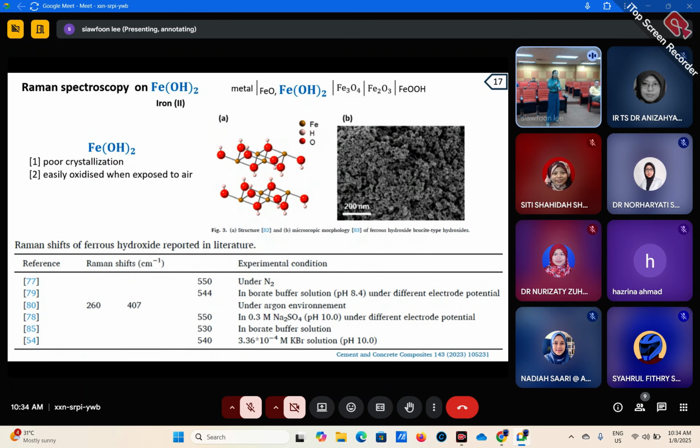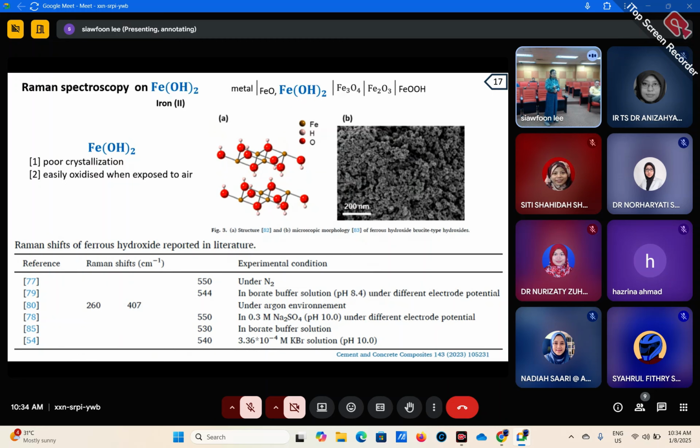And another is the ferrous hydroxide, which also has poor crystallization and also easily oxidizes when exposed to the air. But for this one, they have several methods, several publications. They use different experimental conditions to detect the peak. And of course, in this case, under the argon environment, they found that the peak actually shifts to 260 and 407.